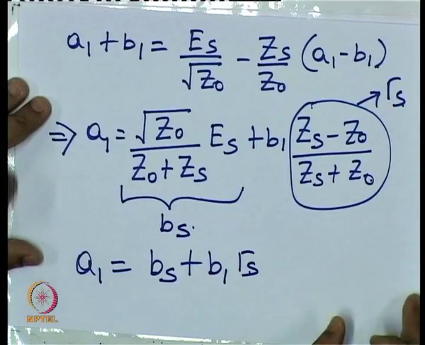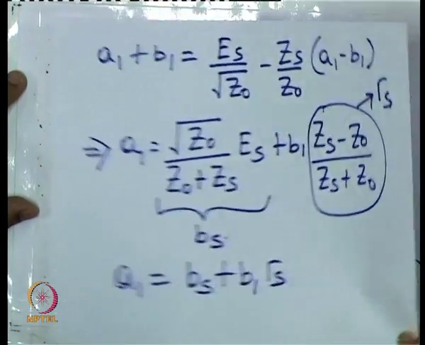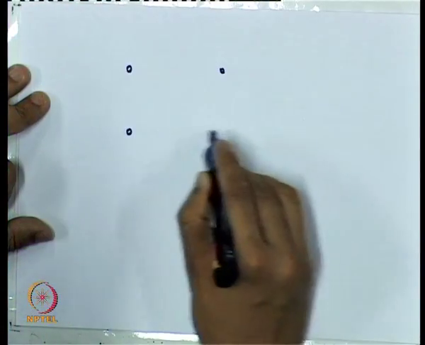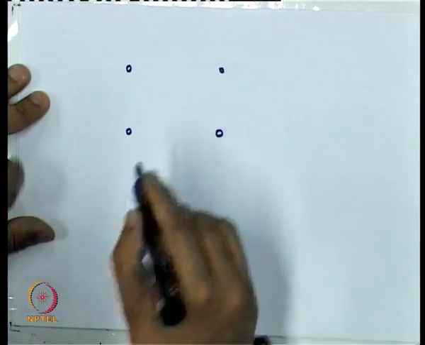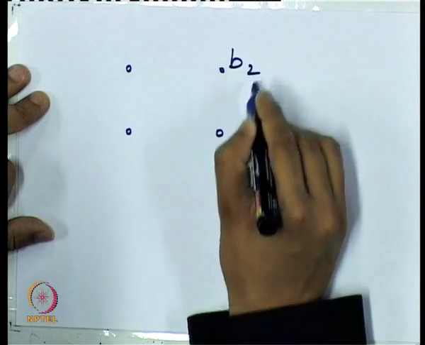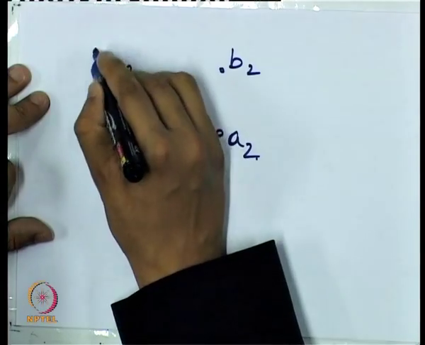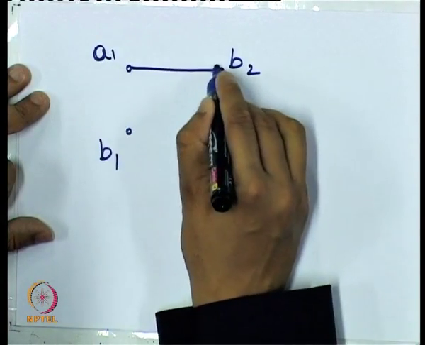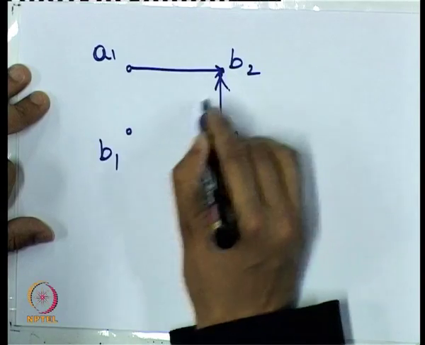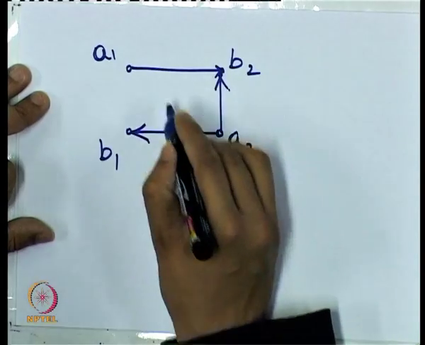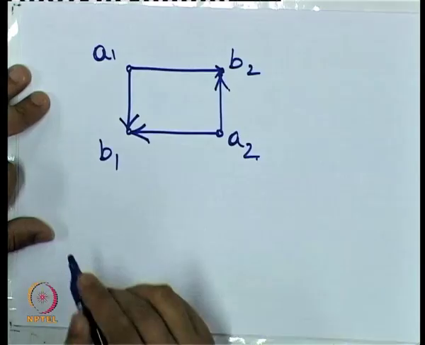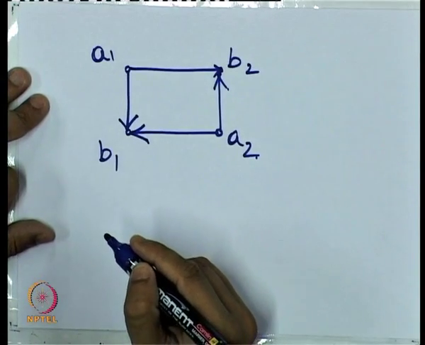And if I now draw the signal flow graph diagram of this entire circuit, we can start with the first, just for our two-port network as we had seen. This is the basic signal flow graph diagram.